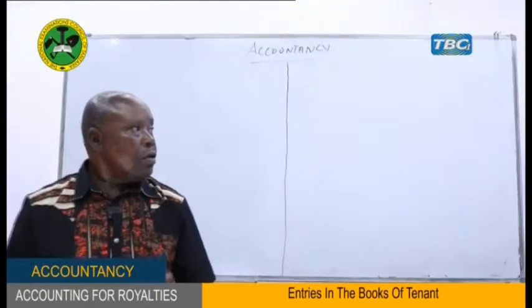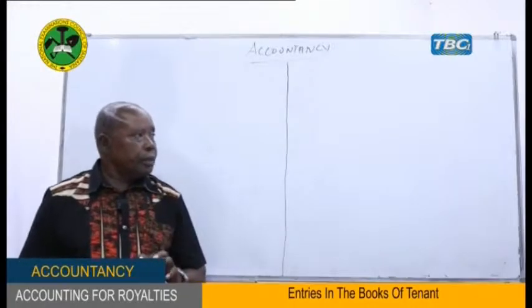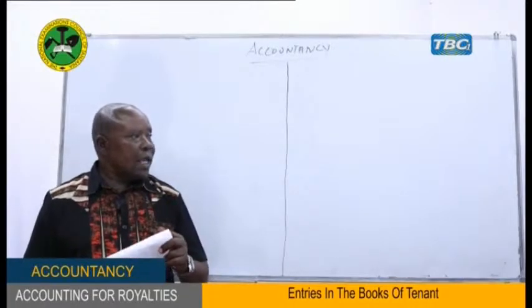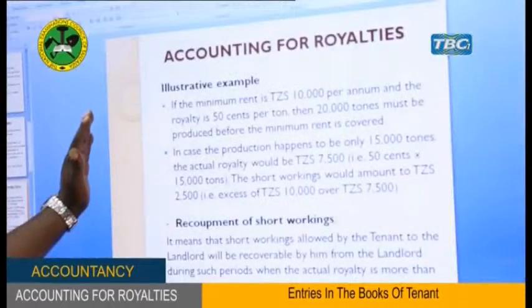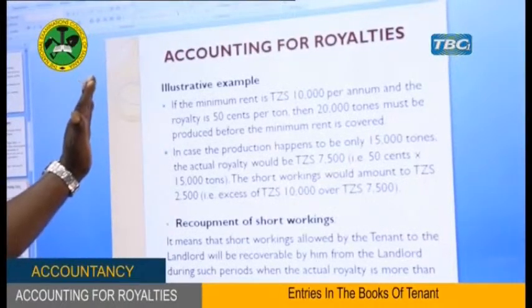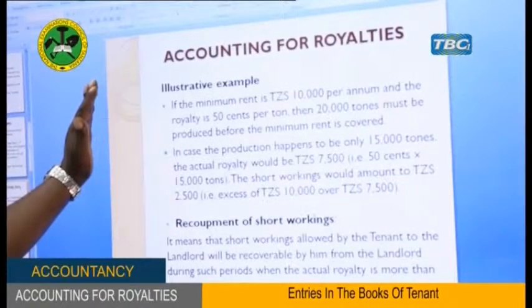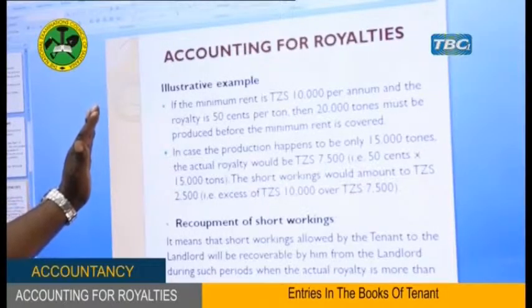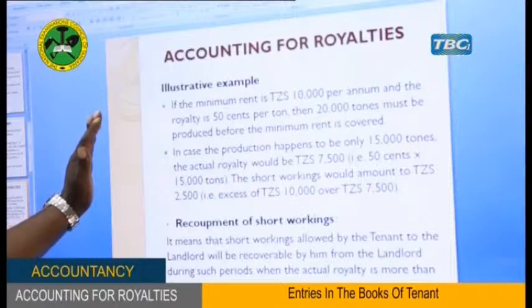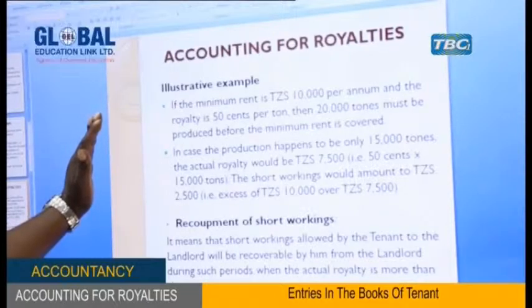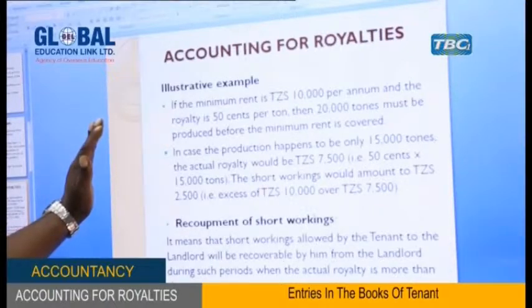For example, of short working, if the minimum rent is 10,000 per annum and the royalty is 50 cents per ton, then 20,000 tons must be produced before the minimum rent is covered. That is 10,000 divided by 50 cents. So you get the 20,000.